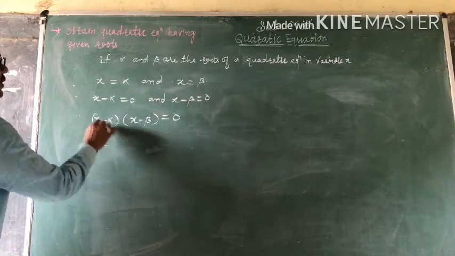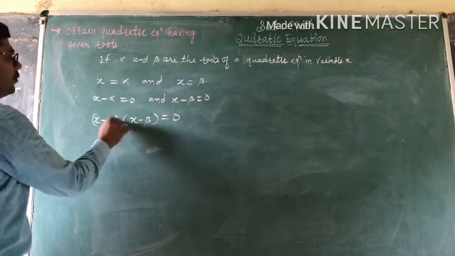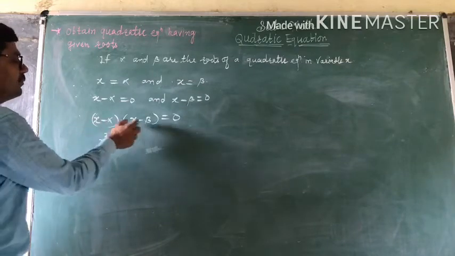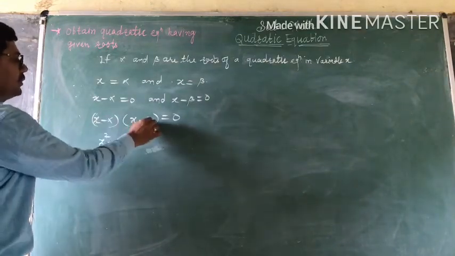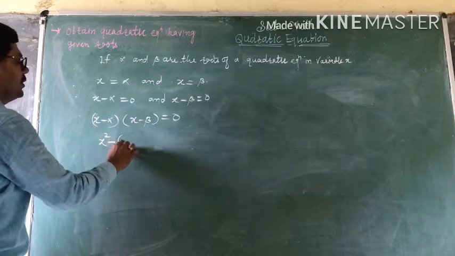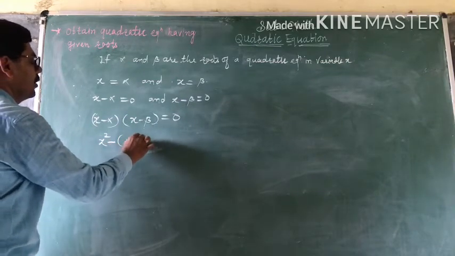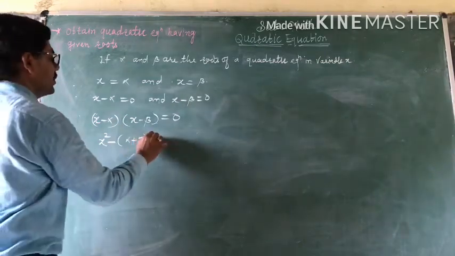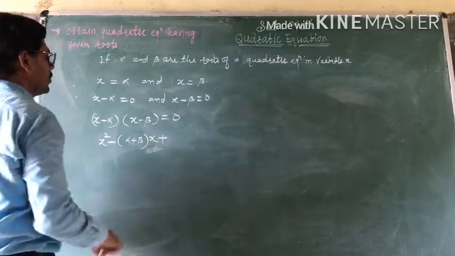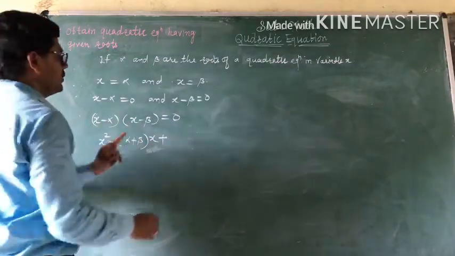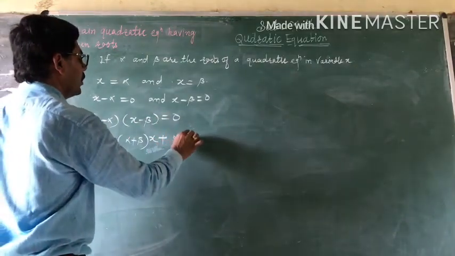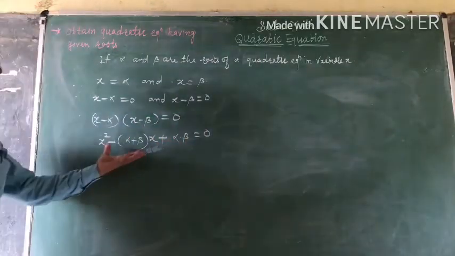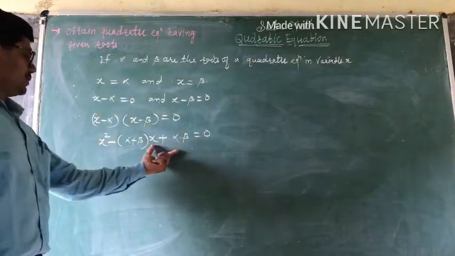The first term is the same, x square, minus alpha plus beta into x, and the product of the second terms, minus alpha into minus beta, is plus alpha into beta, equal to 0. This is a quadratic equation.